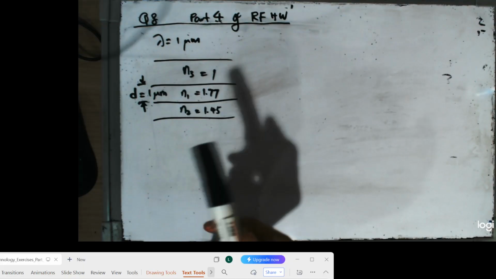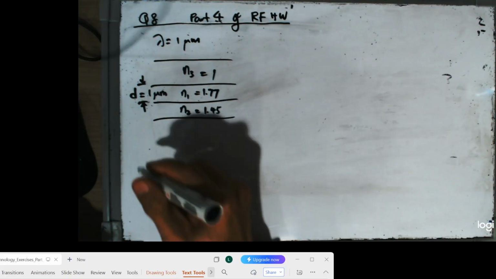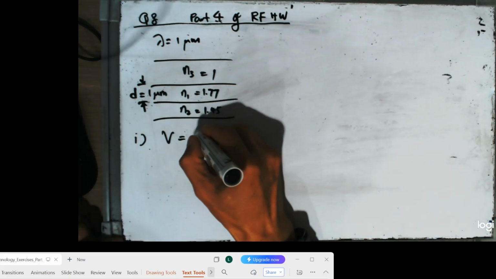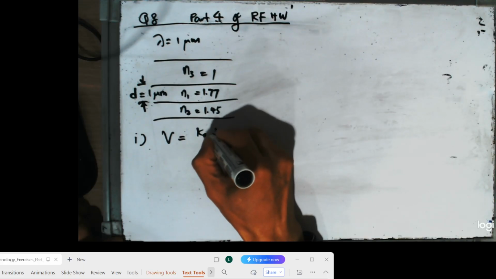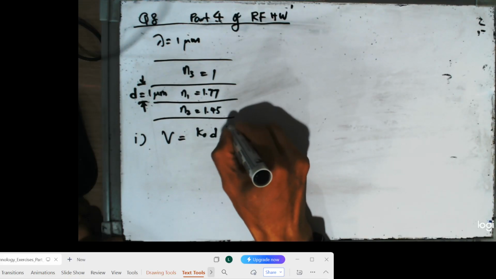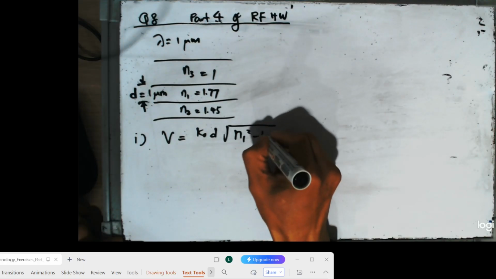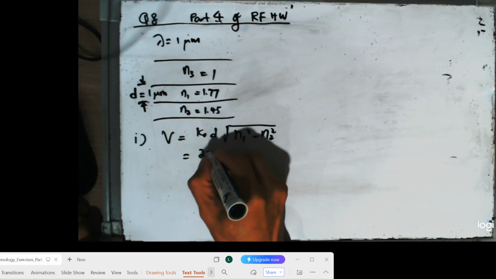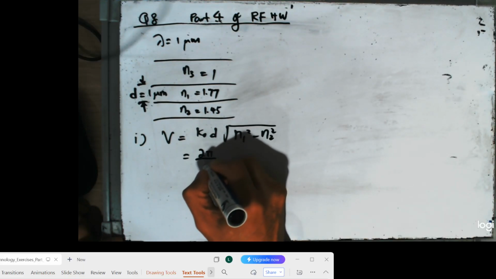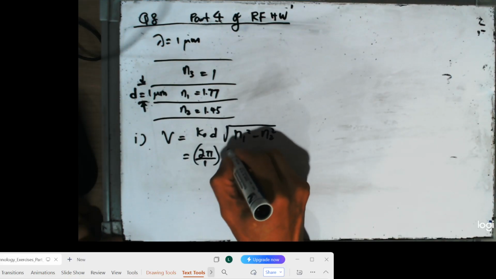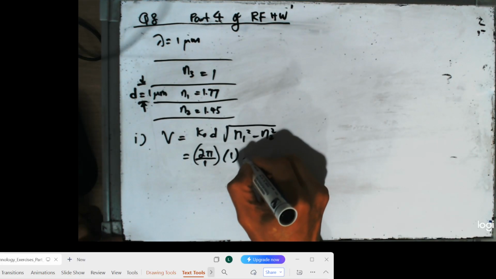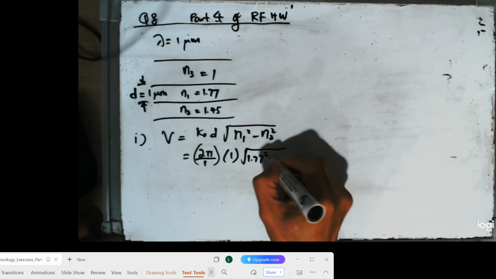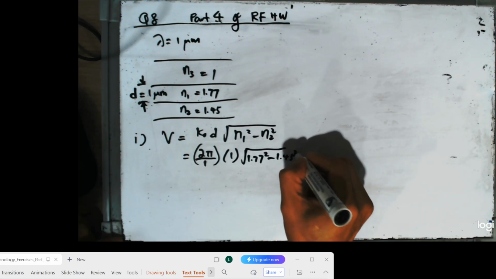So we need to find out the V number first. K naught D, and then the numerical aperture. K naught is 2 pi over lambda, which is 1, and D is 1 as well, and then the square root of 1.77 squared minus 1 squared.